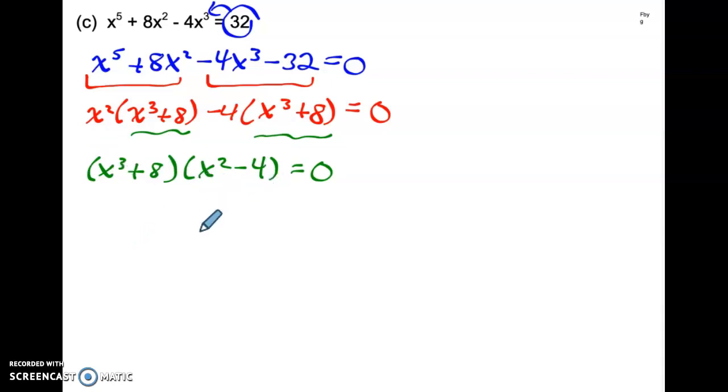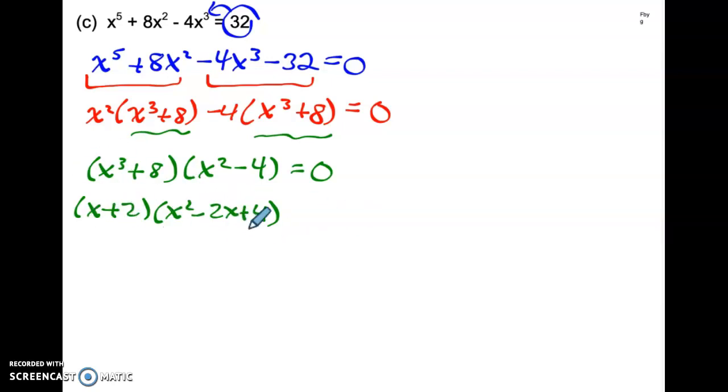Each of those brackets can actually still be factored, right? Because x cubed plus 8, that's a sum of cubes. So remember, we cube root each of these. So it was a squared, b squared. And then same sign, opposite sign, always positive.